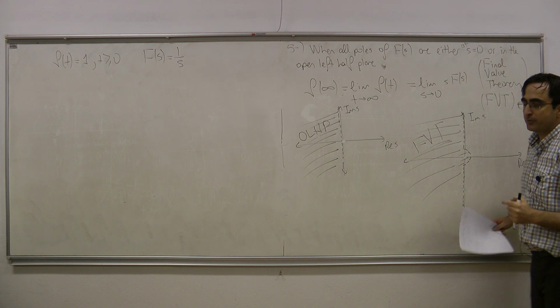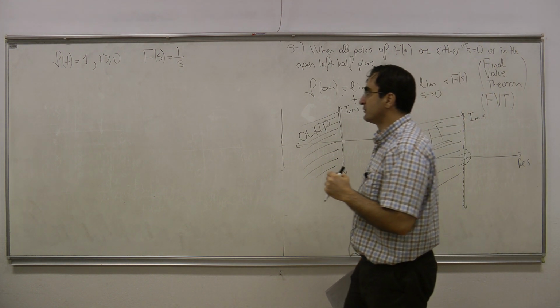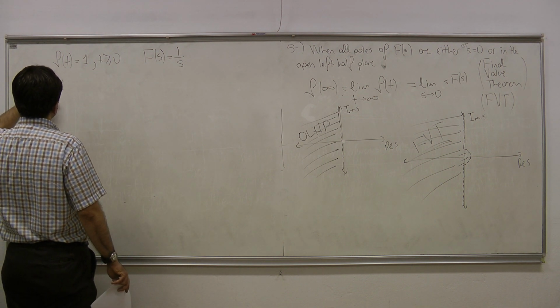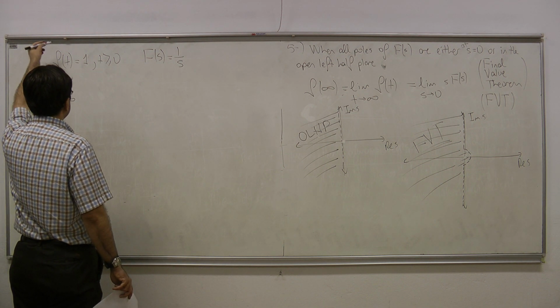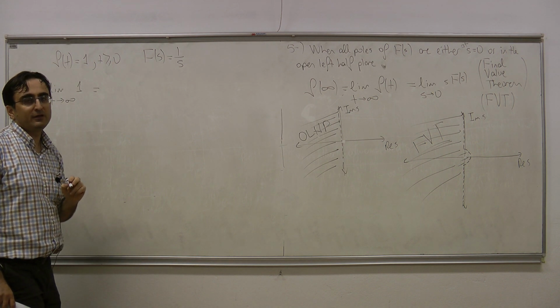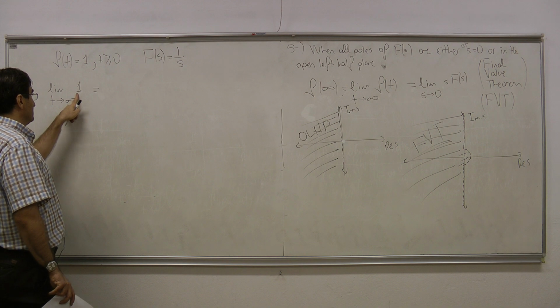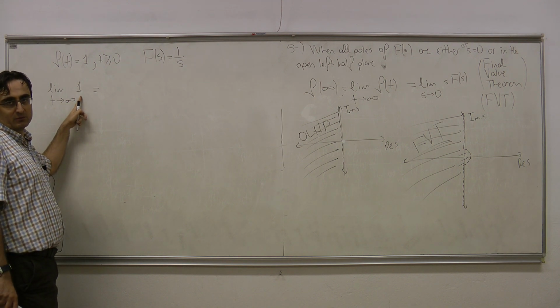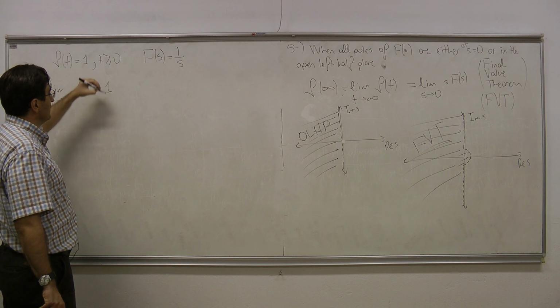Therefore, the final value theorem should hold for this function. Let us first calculate the limit as t goes to infinity of f of t, which is equal to 1. A very easy limit. The limit of 1 as t goes to infinity. This really doesn't depend on t, so this is going to be 1.